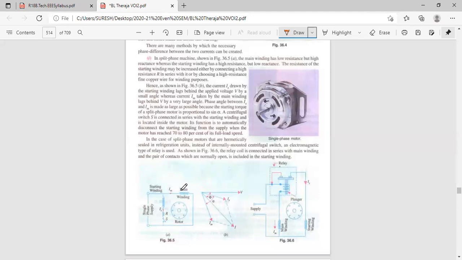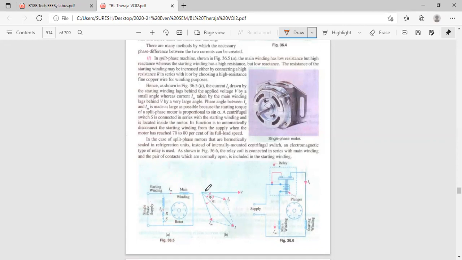Main winding has low resistance, high reactance. If it is high reactance, is the power factor lagging or leading? Okay, let us see.